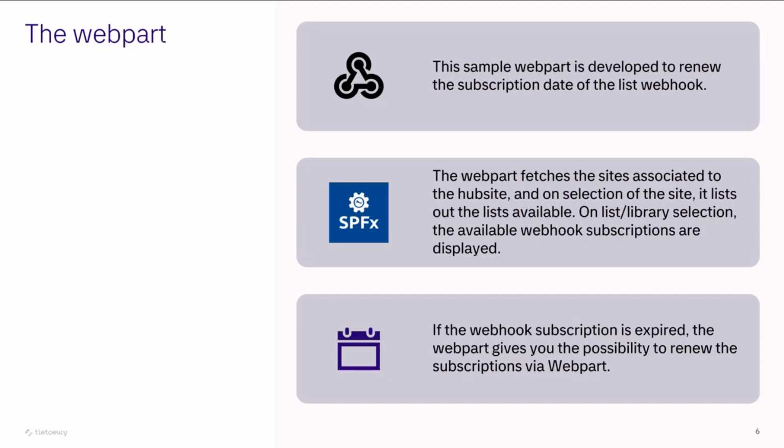On list or library selection, the available webhook subscriptions are displayed accordingly. If the webhook is expired, the web part gives us the possibility to renew the subscription via the web part. So now let me quickly show you the web part.